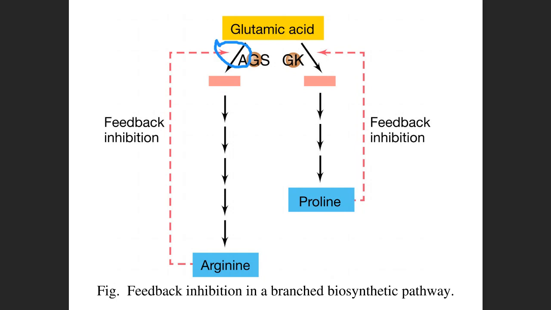You don't want to shut down that, right? Because you don't want to shut down proline. You want to shut down only the arginine. Okay, so feedback inhibition in a branched biosynthesis pathway inhibits the branch point.